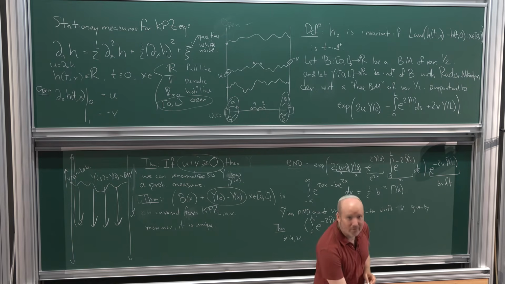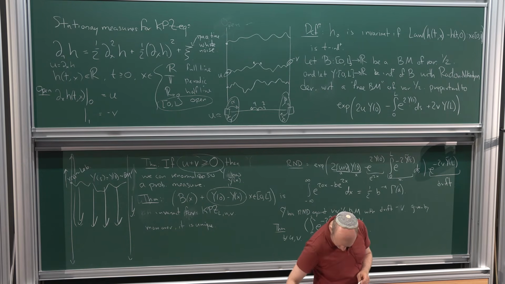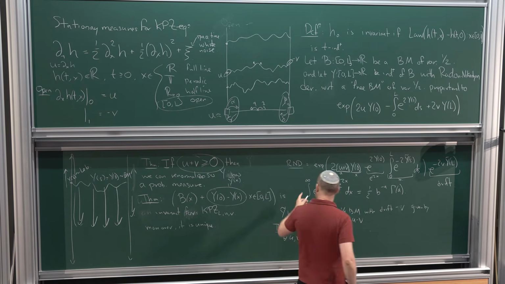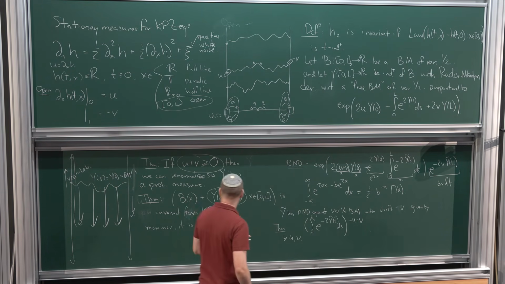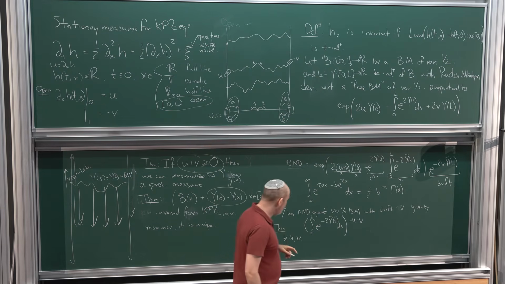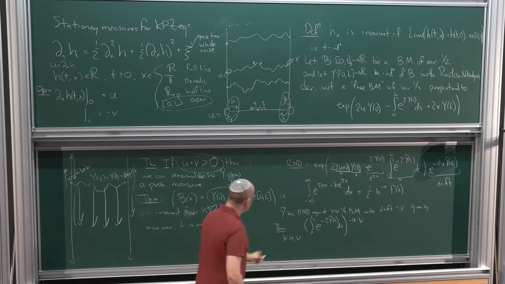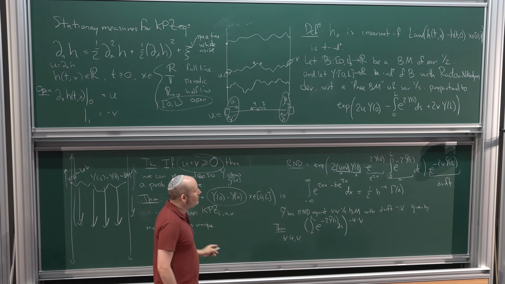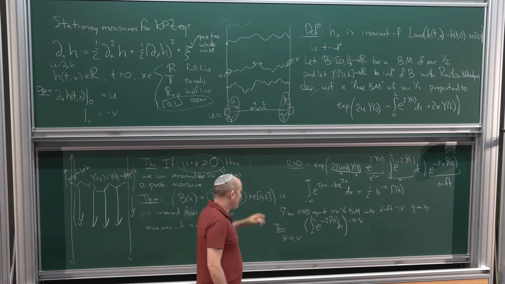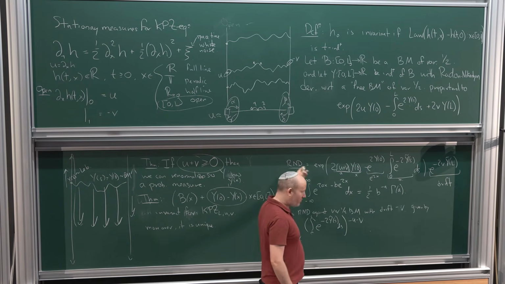Okay. So I have a few minutes left, and maybe what I'll do in those few minutes is tell you one model. It's a discrete model of last passage percolation for which this sort of structure that we see for KPZ is replicated at the discrete level, and which kind of indicates why this is the stationary measure.